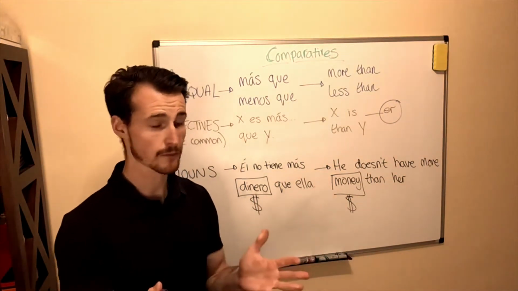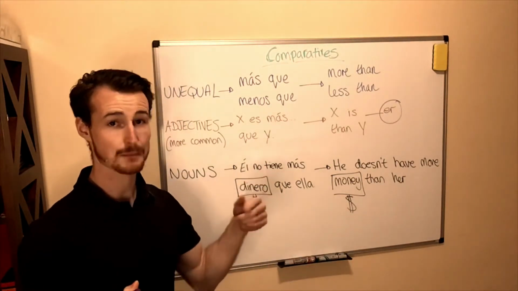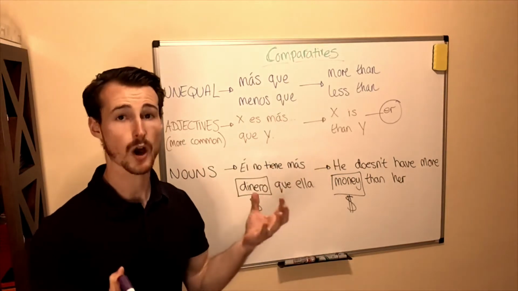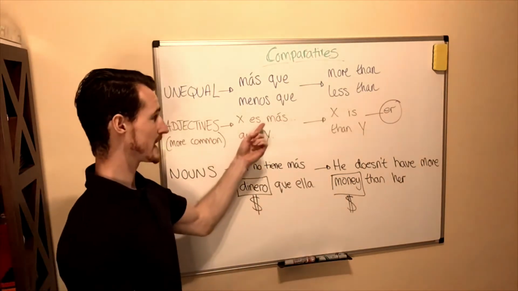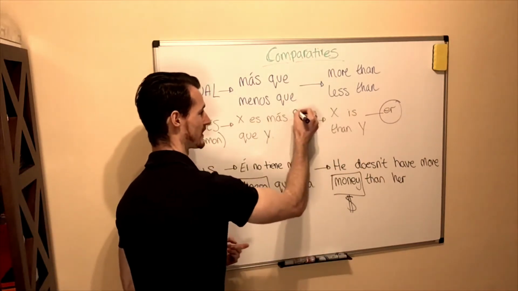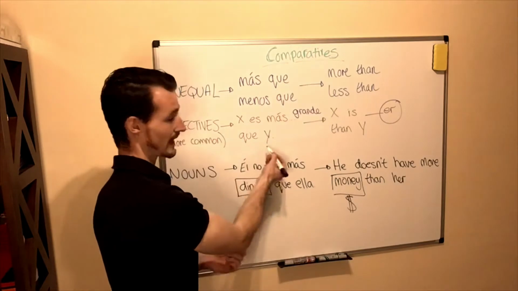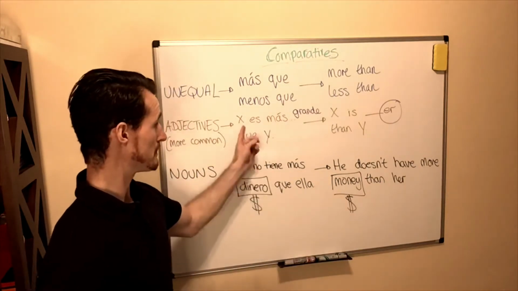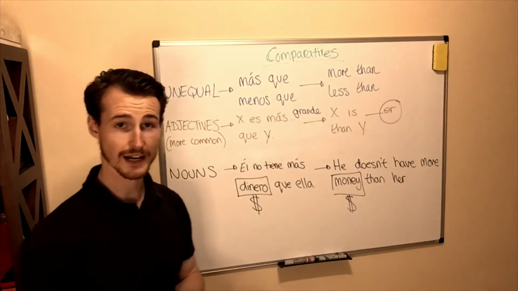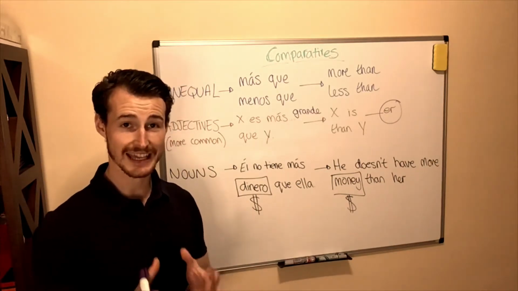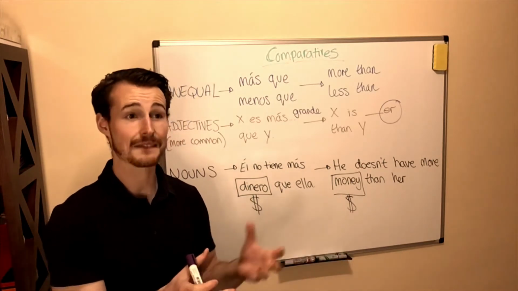For example, imagine we were talking about X is bigger than Y. How would we say that? Simple. X es más grande que Y. So you don't have in Spanish X es más, no, it's más and the adjective.